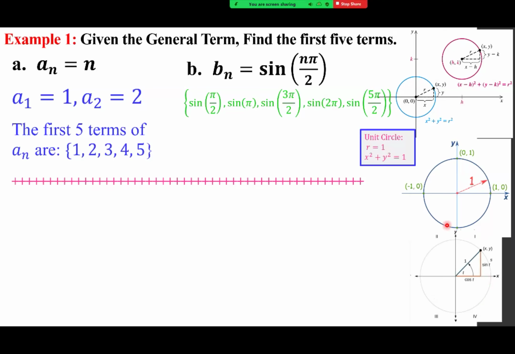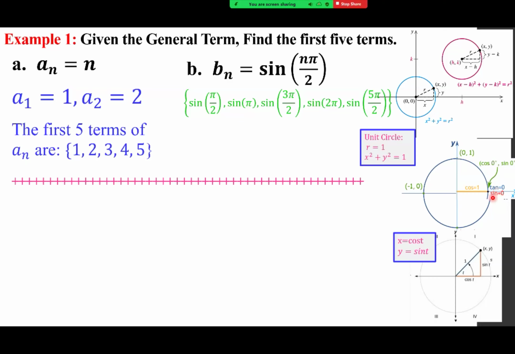In the case of a unit circle, the definition is x represents cosine t and y represents sine t. With that being the case, over here we can see that cosine of 0, remember x is 1, and sine of 0 is 0.